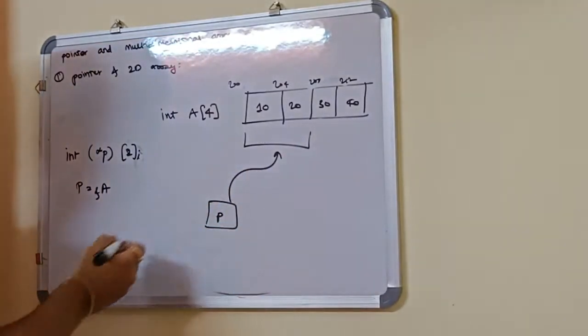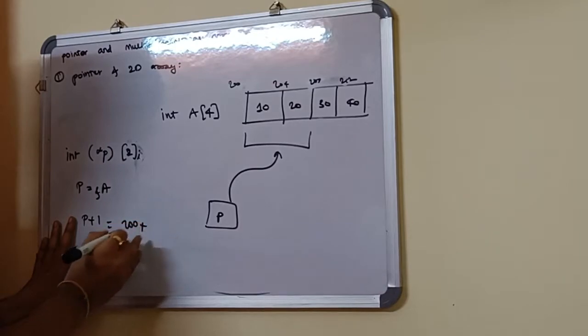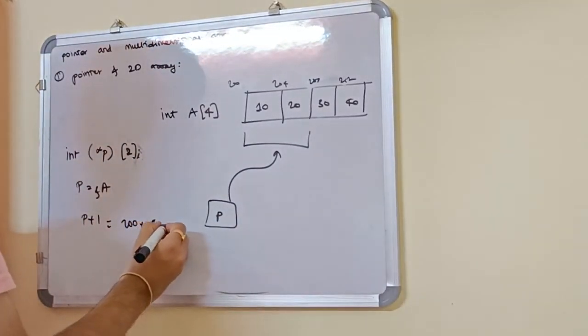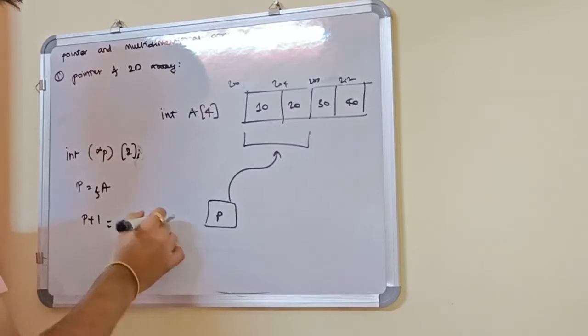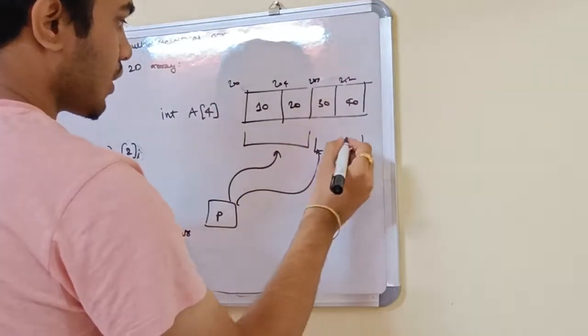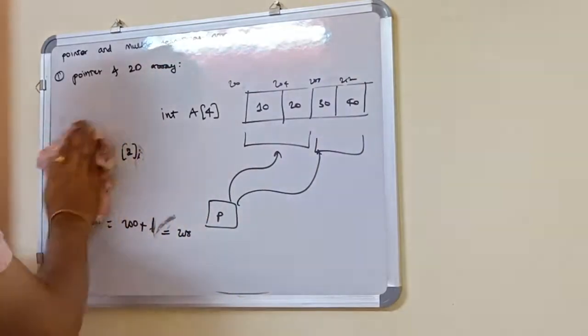So if I write p plus 1, here p is 200, and the block size is 2, so it will jump 2 places, that is 200 plus 8, which is 208. So it will point to this location. So this is how the pointer block works.